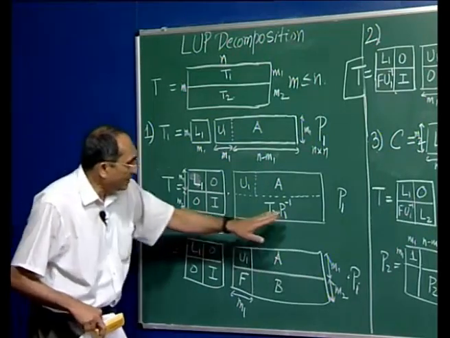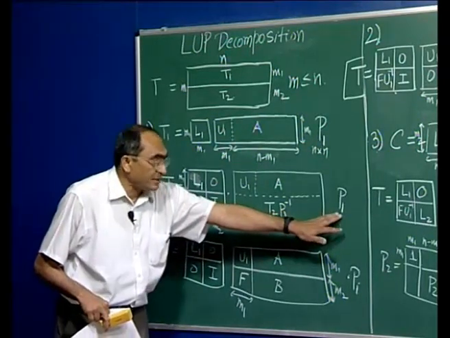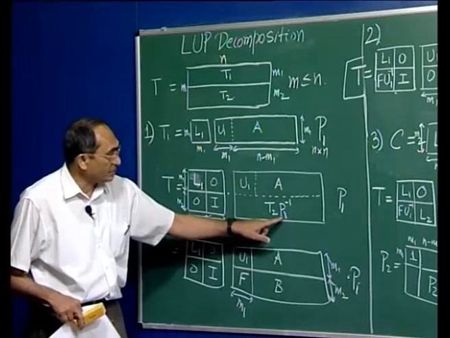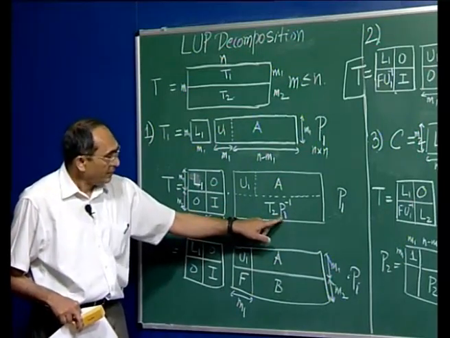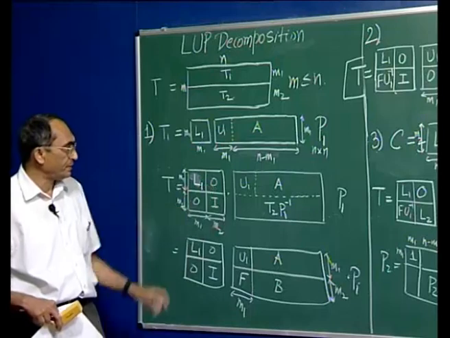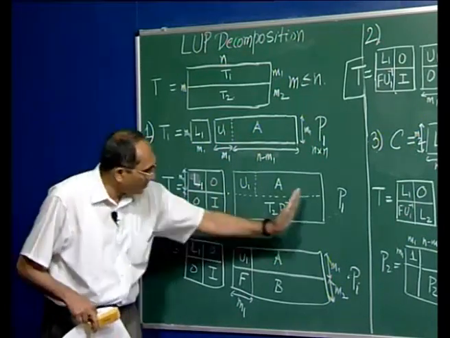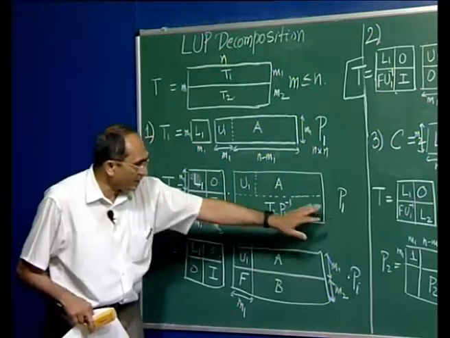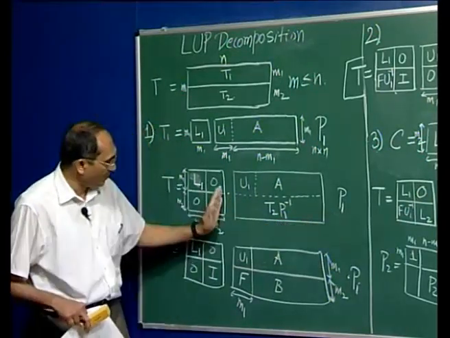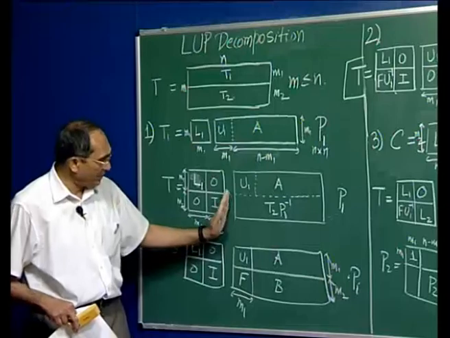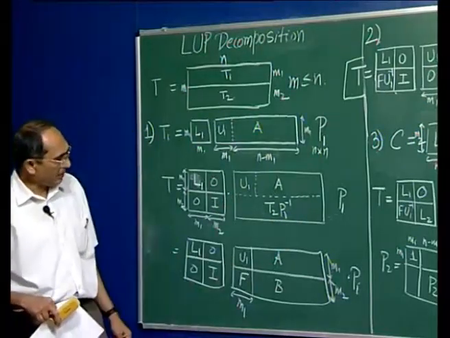Now, multiplication by a permutation matrix, so remember P1 inverse is also a permutation matrix, is like permuting the columns. But for permuting the columns, we do not have to do a regular matrix multiplication, we can simply read the permutation and write down the columns.